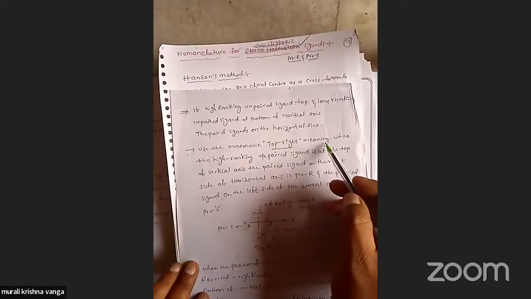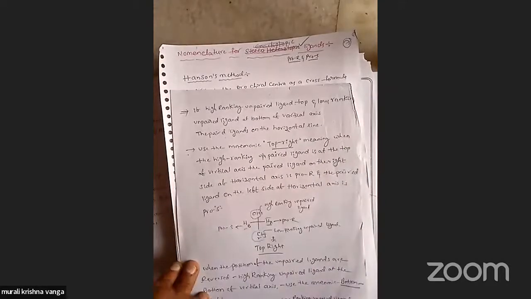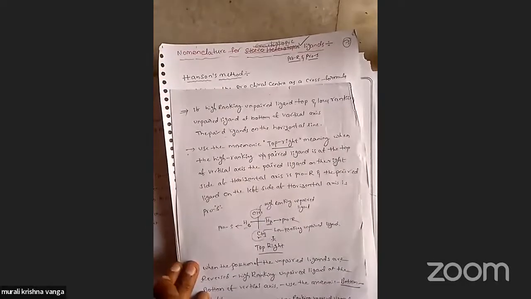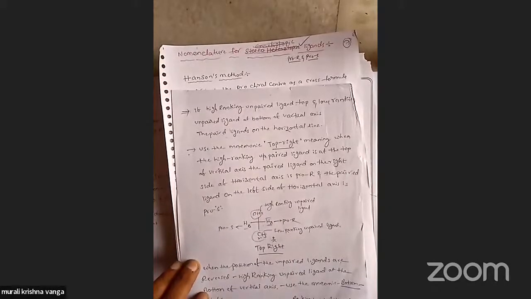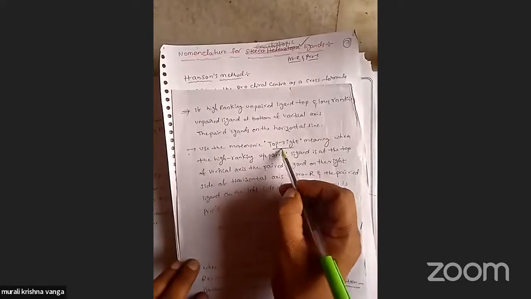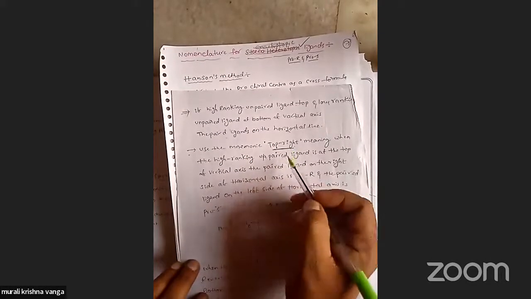Use the top right naming when the higher-ranking unpaired ligand is at the top of the vertical axis: the paired ligand on the right side of the horizontal axis is pro-R. So use the top right method.